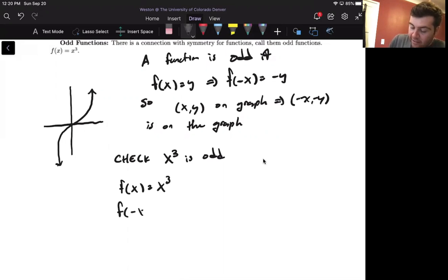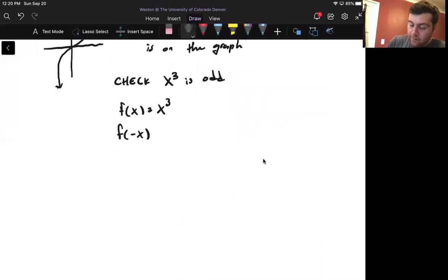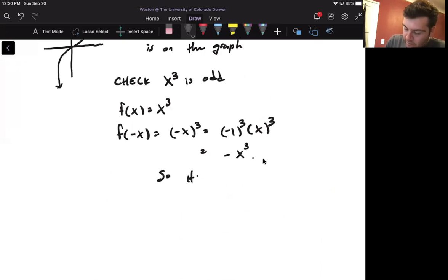F of negative x equals negative x cubed, which equals negative 1 cubed x cubed, which equals negative x cubed. So it's odd. Really, this is just different terminology for having symmetry.